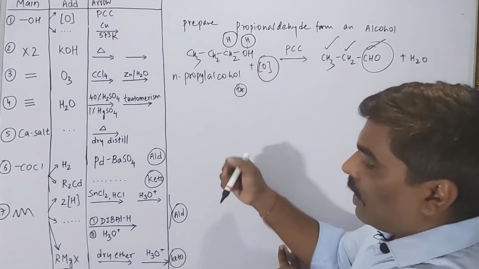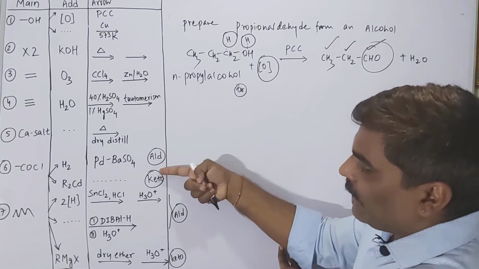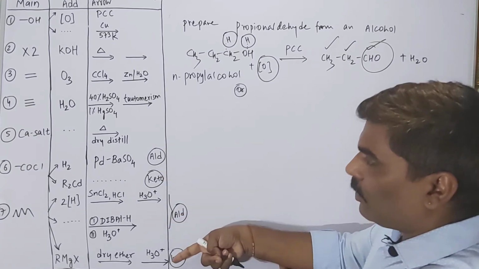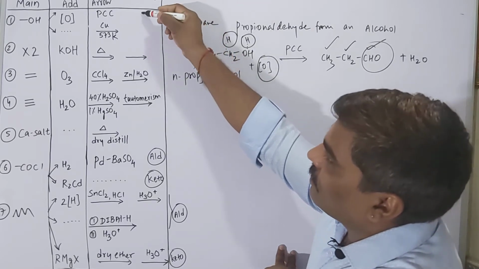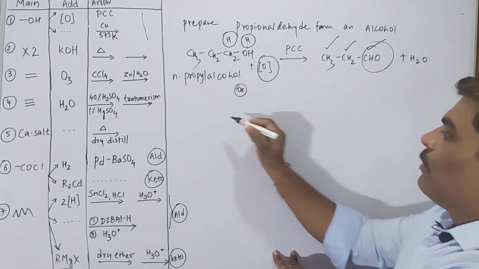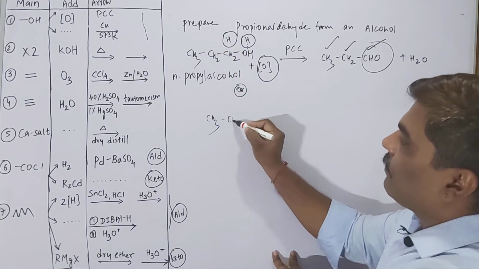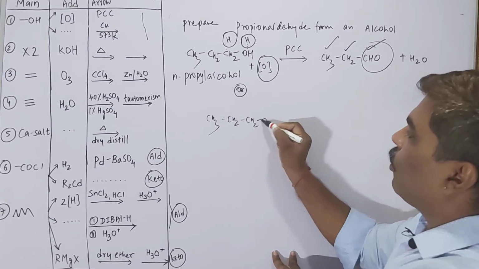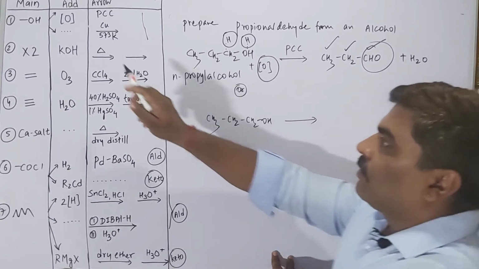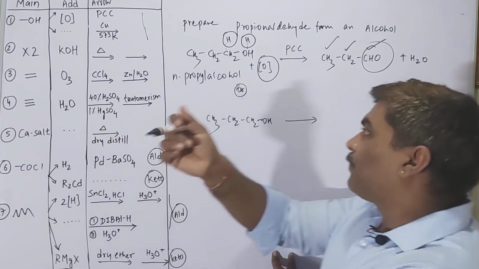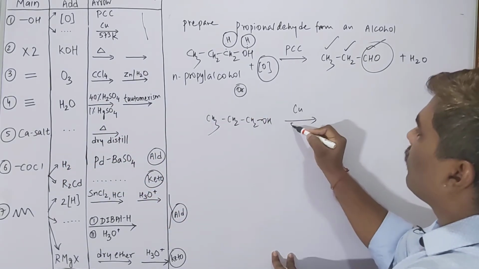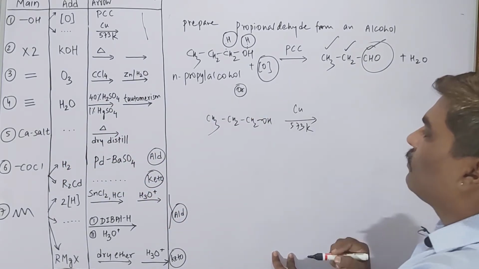As we did here in this aldehyde and ketone, here it is the same, no difference. Means we can write CH3CH2CH2OH, nothing is added, but copper at 573 Kelvin.